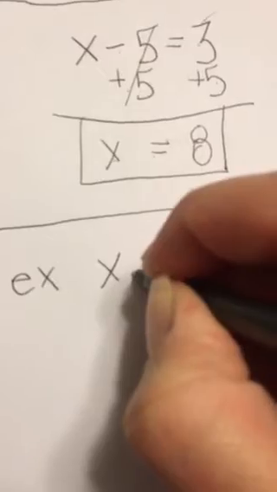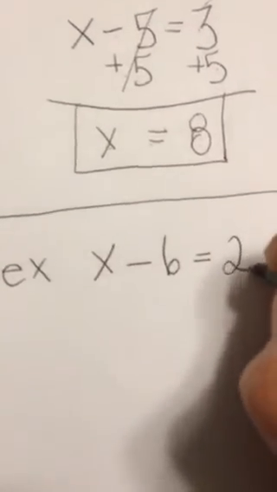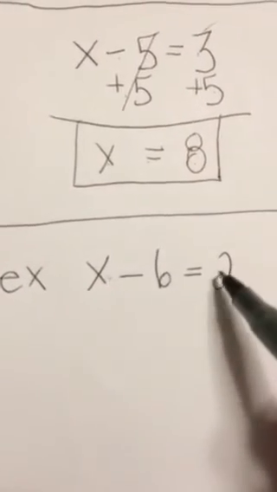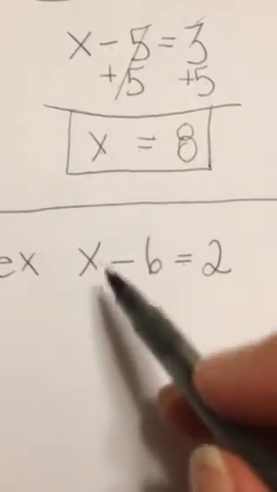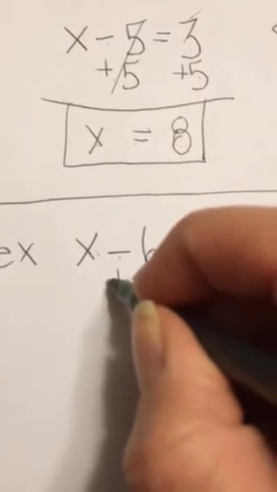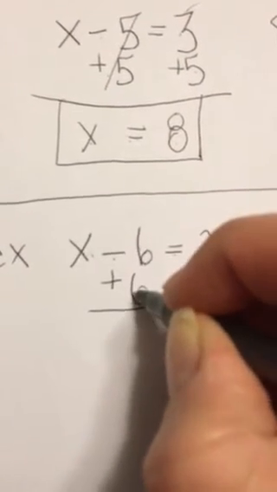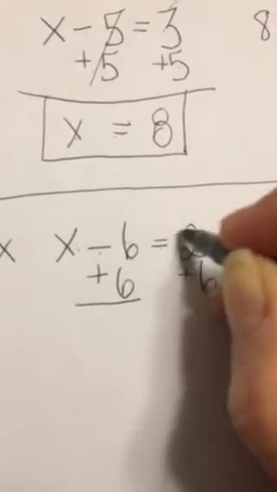X minus 6 equals 2. Okay, I want to get x on the side of this equation all by itself. So I have minus 6. So we're going to do the inverse operation, or the opposite. So I'm going to add 6 here and add 6 here on the other side.